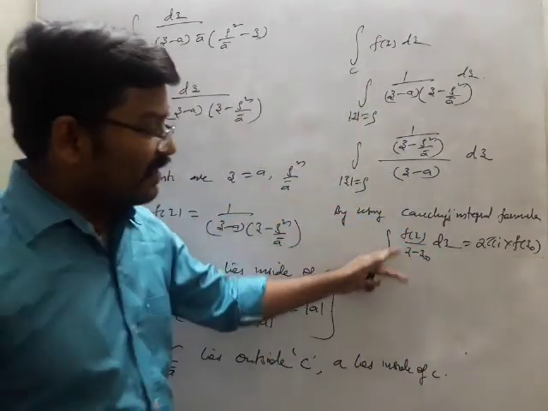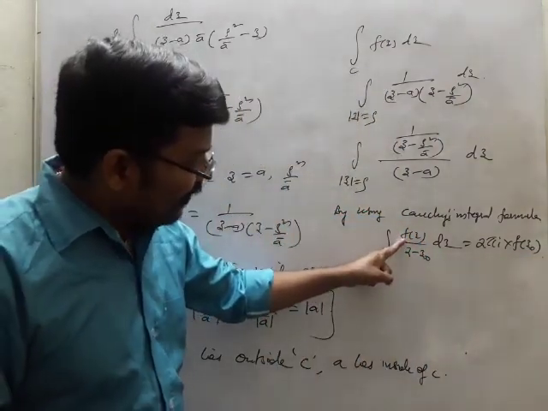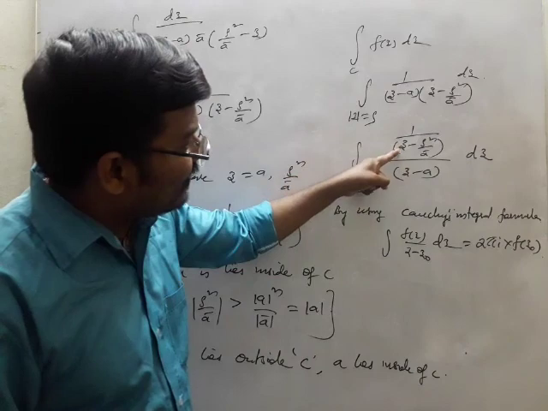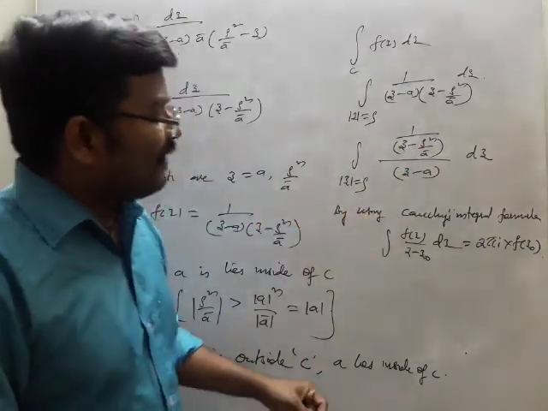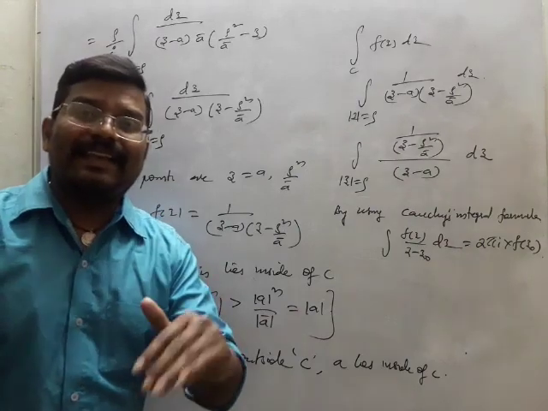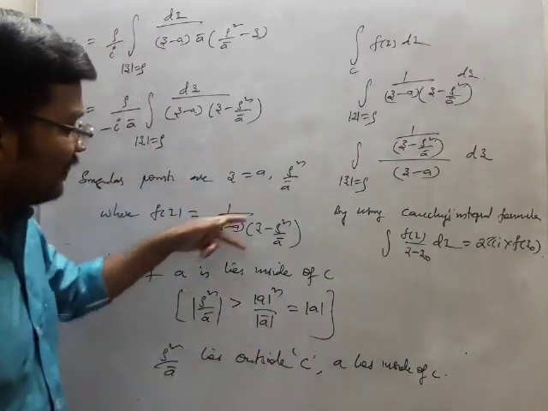This is what Cauchy's integral formula says. So the f of z value here is 1 by z minus rho square by a bar, and z minus a. Whichever term is lying outside, that we will take in the numerator.